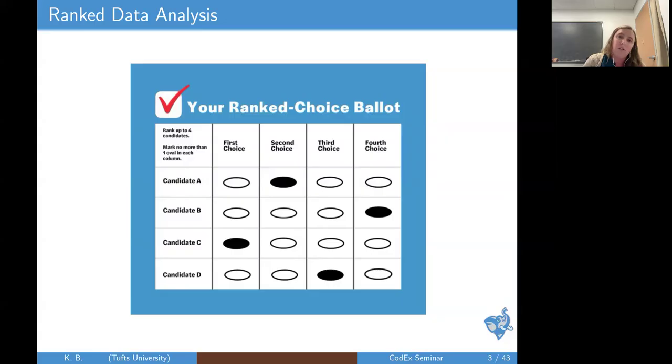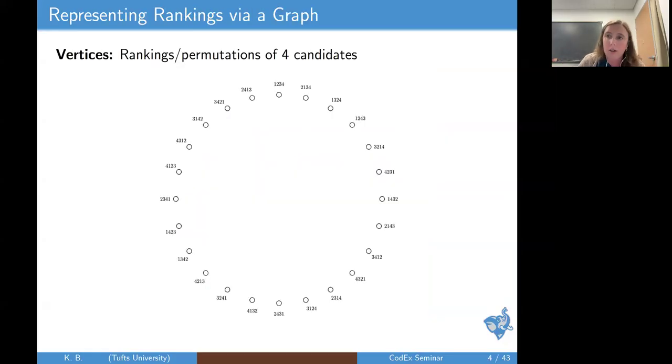And we'd like to find ways to analyze this kind of data. I like to work on a lot of problems that involve graphs. So one way we can look at this is: how do we reframe this ranked data analysis question of a ranked choice vote? Can we put this data into a graph or network type of model? And so we're going to look at how to do that.